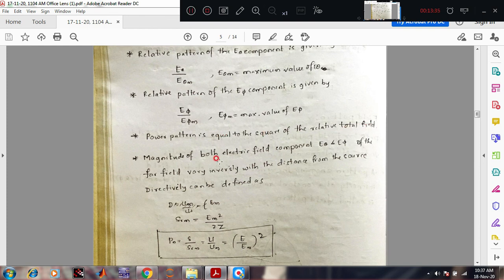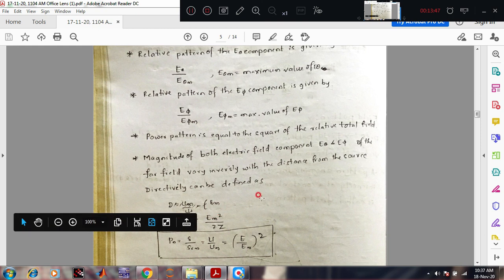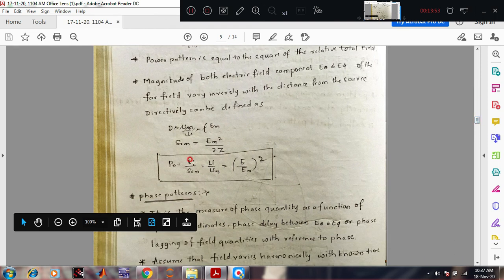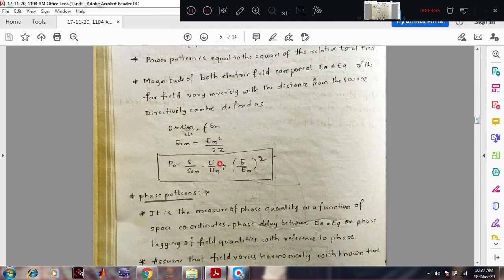The magnitudes of both electric field components E theta and E phi of the far field vary inversely with the distance from the source. So Srm can be defined as Em square by Z. So P normalized will be what? S by Srm, U by Um, which is equal to E by Em whole square.